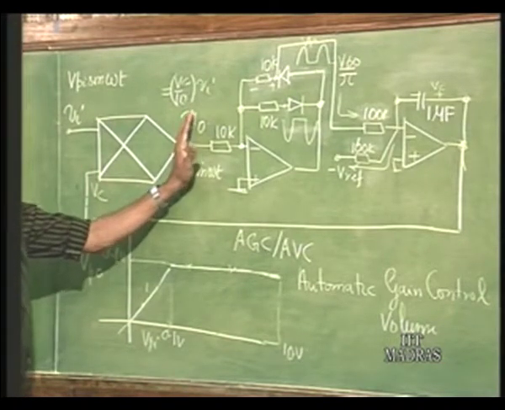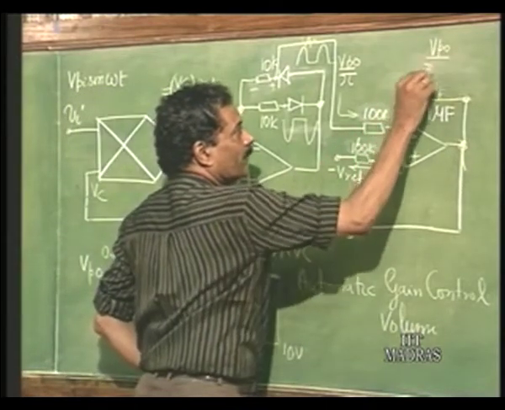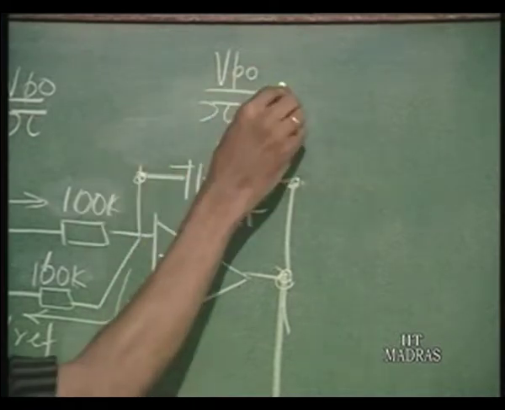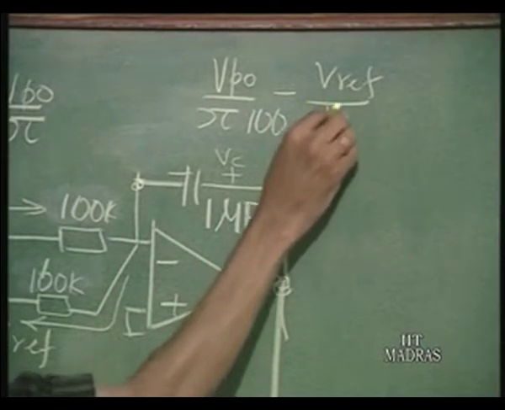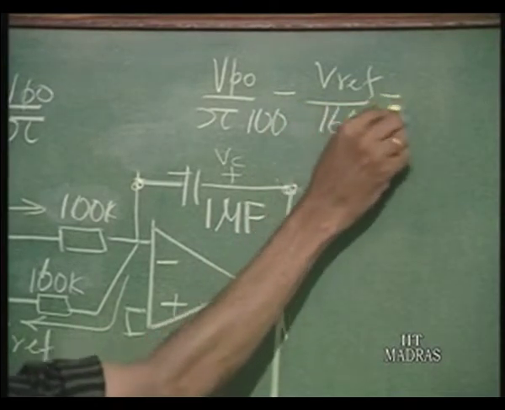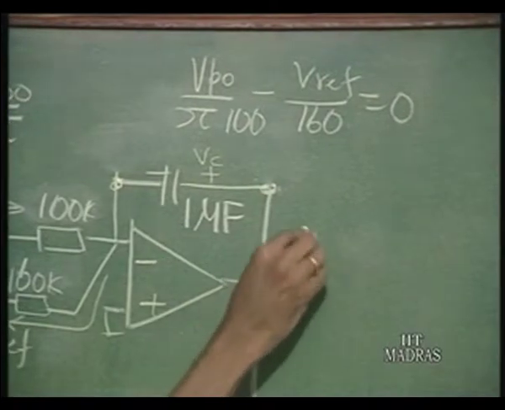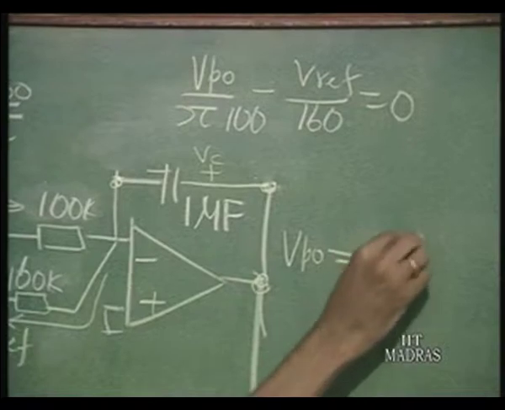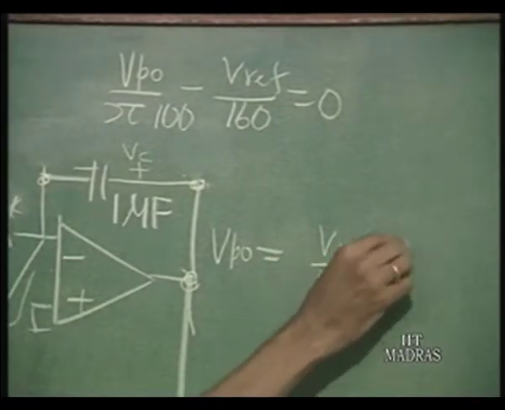So, that means V P naught divided by pi divided by 100 k, minus V reference divided by 160 k should be equal to 0, or V P naught should be equal to let us say V reference by 160 into 100.